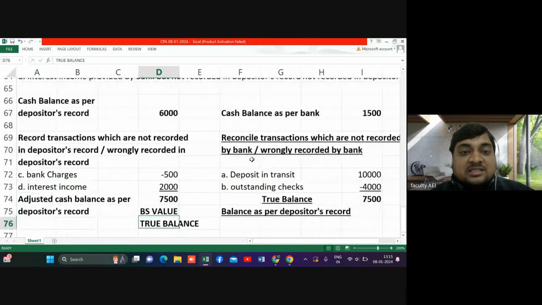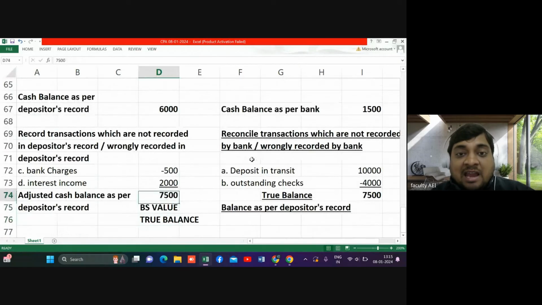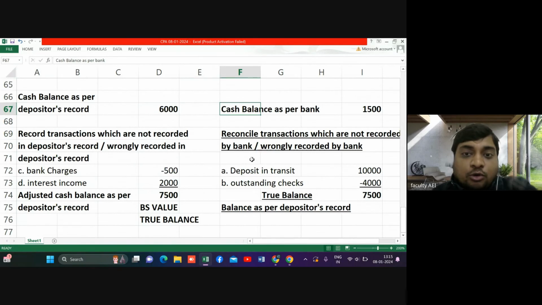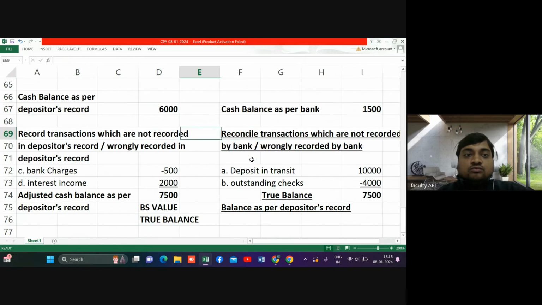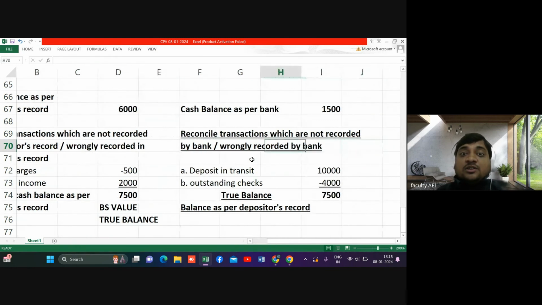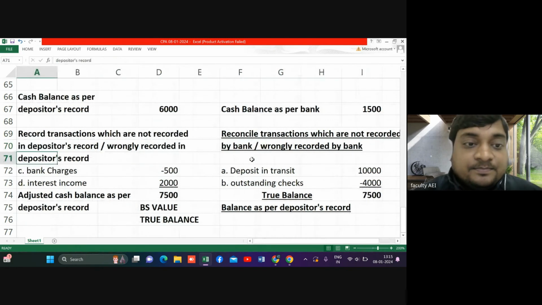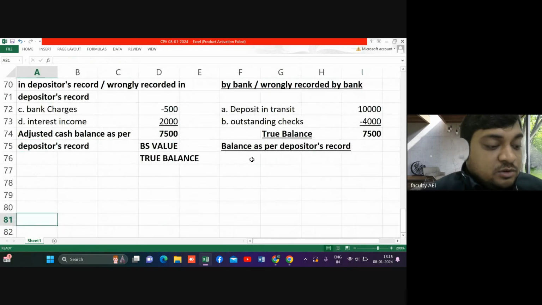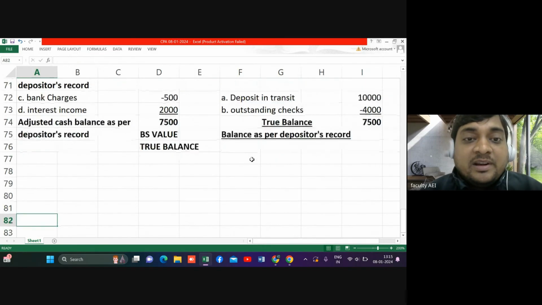You get the true balance, the balance sheet value. And you need to bring your balance reported by the bank to this true balance. Remember these two: record transactions which are not recorded in depositor's record, and reconcile transactions which are not recorded by bank yet. Right? So let us do one example which will help you to get better clarity.